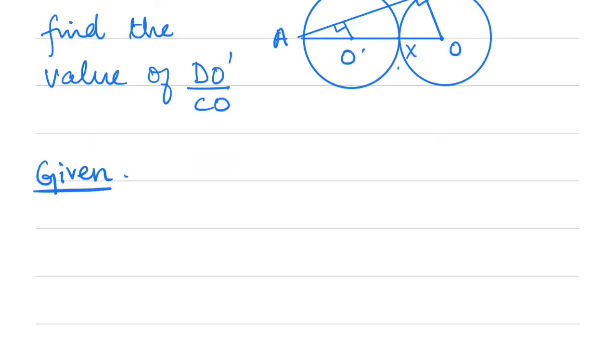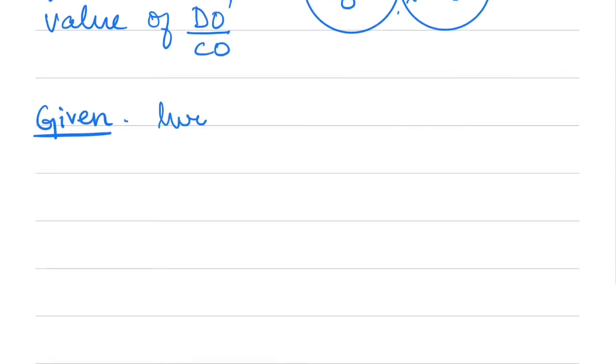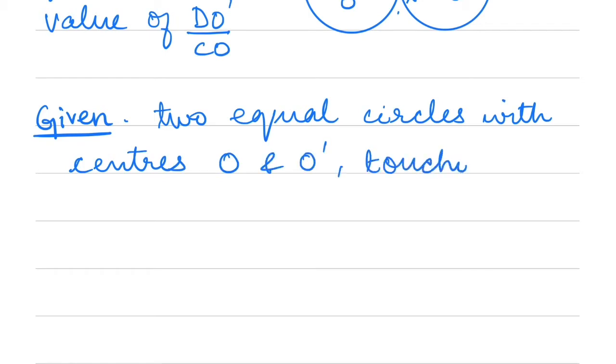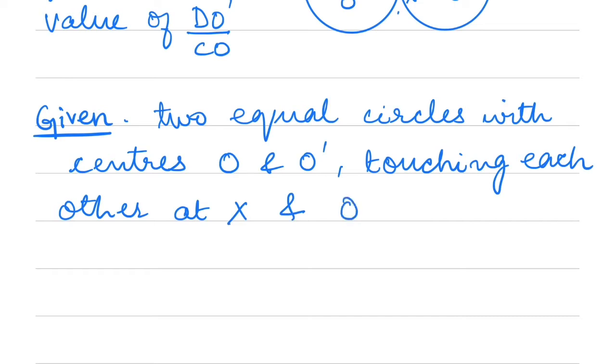We are given two equal circles with centers O and O dash touching each other at X, and we are also given O dash D is perpendicular to AC.